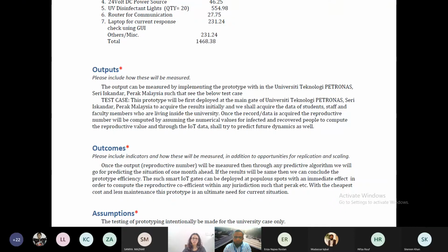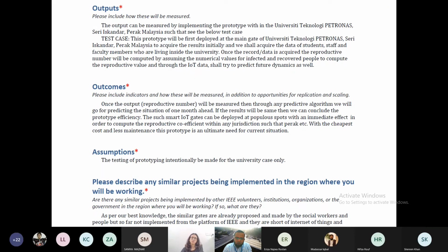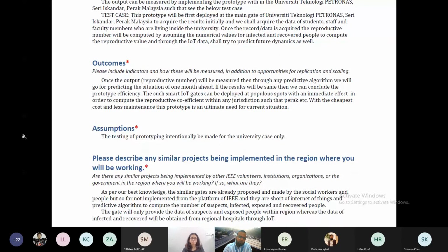And then you can see the further outcomes, how this particular gate will be beneficial. I said that it will tell the particular spread of COVID-19 within the jurisdiction. Now this is the assumption. If you have any sort of assumption, you can mention it over here. I mentioned that this is a prototype level, so it will only be implemented within the university. So they were okay with that.